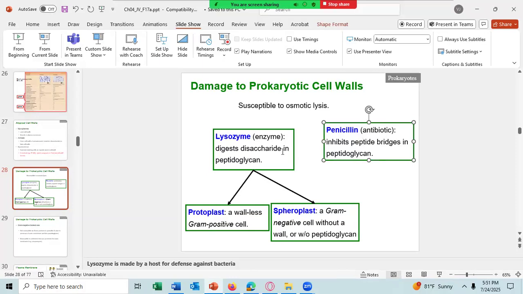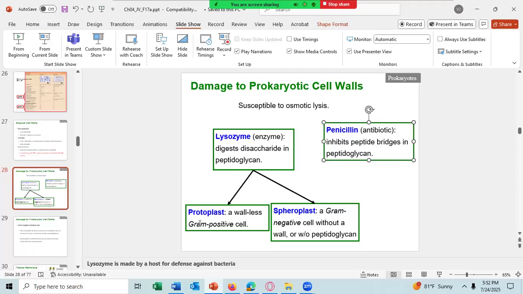And then another way to damage the cell wall is to expose it to lysozyme. This is an enzyme that digests the disaccharide in the peptidoglycan. And so if you use lysozyme, you can actually make the cell have no cell wall.